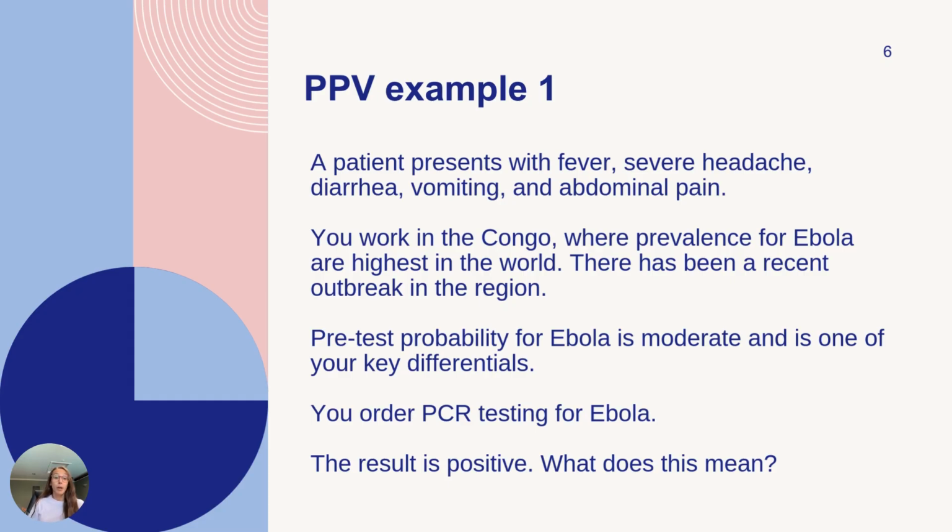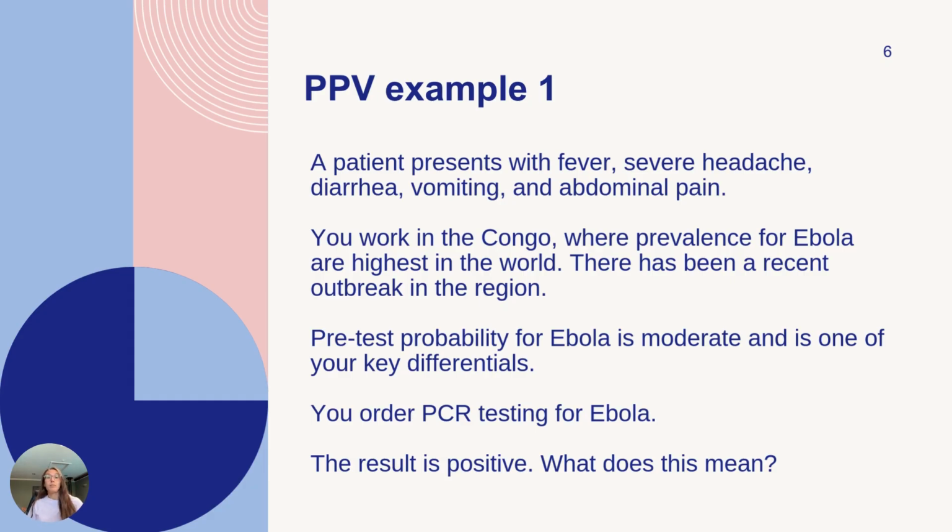Probably moderate, right? Because you're incorporating disease prevalence and the classic features of Ebola, the fever, severe headaches, diarrhea, abdominal pain, etc. So you ask yourself, should I be ordering PCR testing for Ebola? The answer is probably yes, right? Considering where you're working and the presentation and the recent outbreak, and the result is positive.